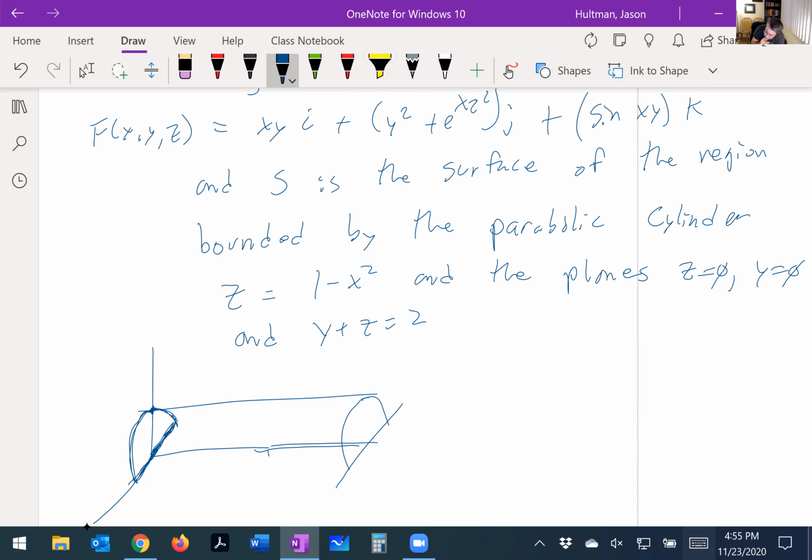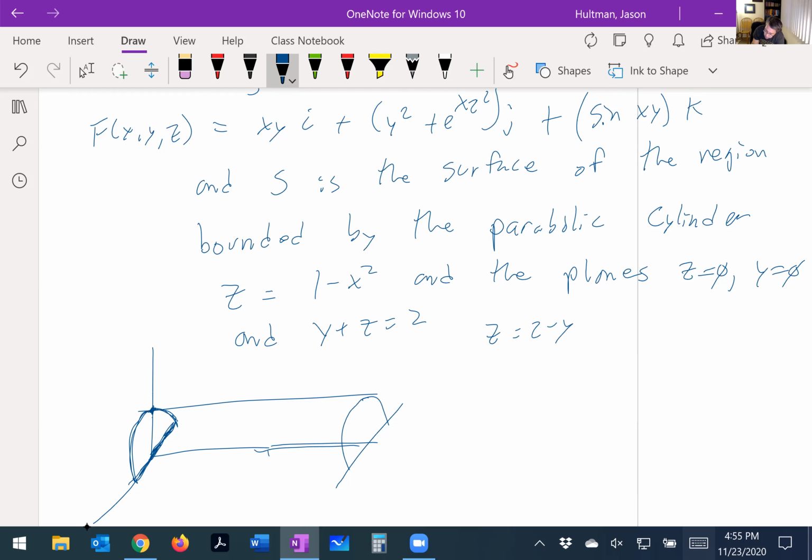But we have z equals 2 minus y as the plane that we're looking at. So this plane is going to slice and dice this thing. What does this thing look like that it's slicing?